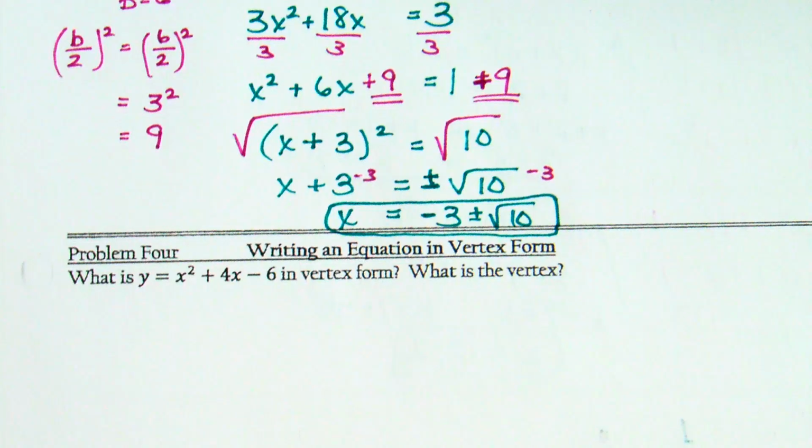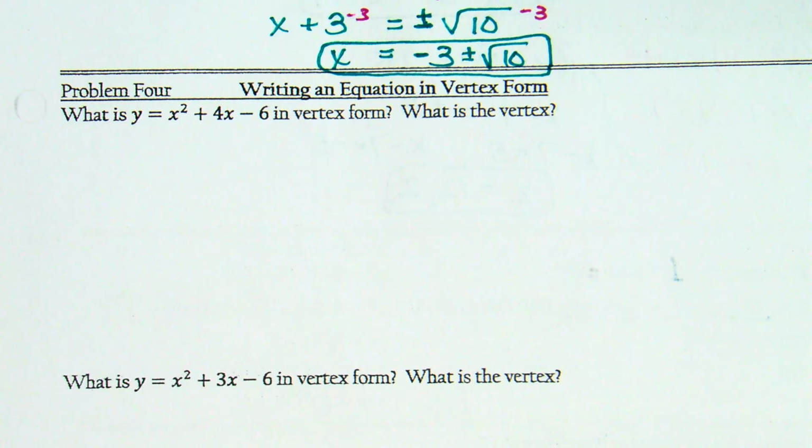Okay, guys. One last section: writing an equation in vertex form. What is y equals x squared plus 4x minus 6 in vertex form? What is a vertex? Does this sound familiar? Haven't we already practiced going from standard form to vertex form this chapter? In fact, did you have to do that on the quiz? I'm thinking you did.